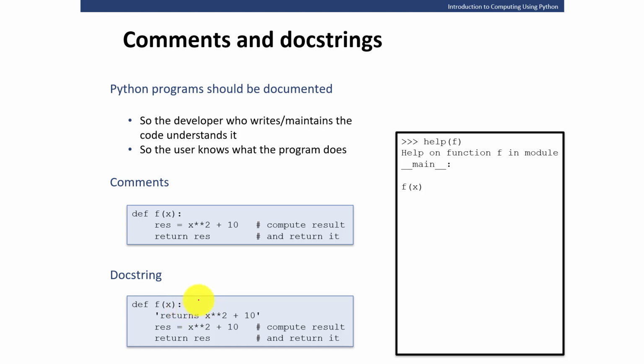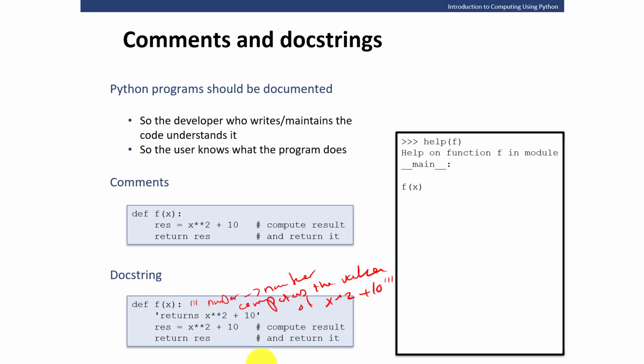So we can say, using triple quotes, this is a number to a number. Okay, and it will compute the value of x to the power 2 plus 10.